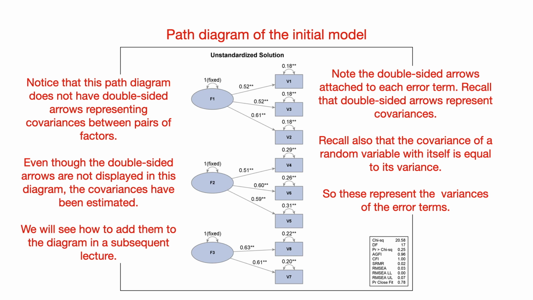But even though the double-sided arrows are not displayed in this diagram, the covariances have been estimated. In fact, on a previous slide, we saw what those estimates were. So the default in the path diagram statement is to not show the double-sided arrows between the latent constructs, but you can have them added, and we'll see how to do this in a subsequent lecture.